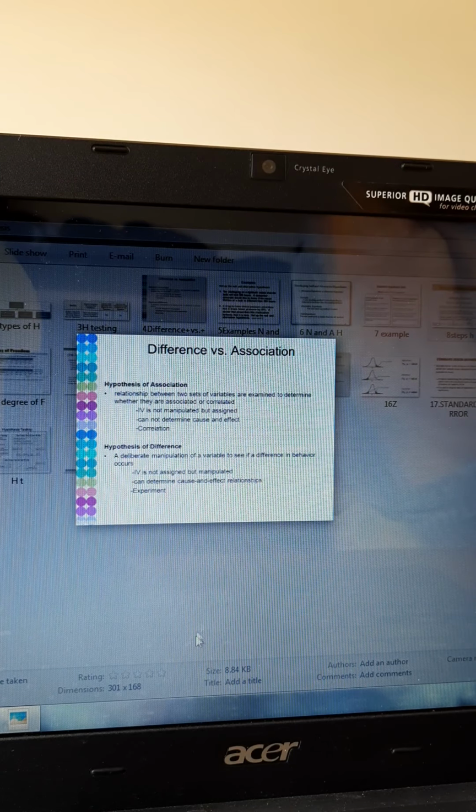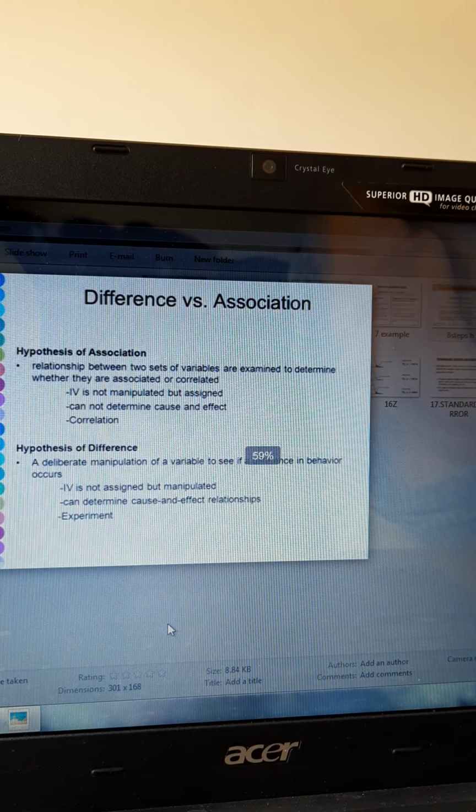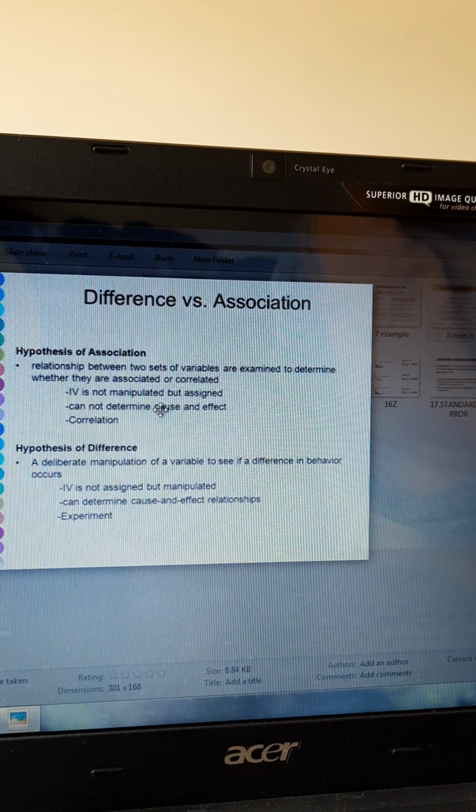So this is what is difference and what is association. Relationships between two sets of variables are examined to see whether they are associated or correlated. There is no manipulation.